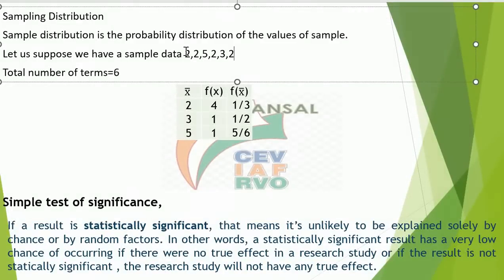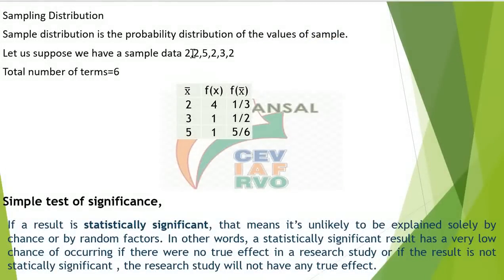Let us suppose you have a sample 2, 2, 5, 2, 3, 2. So the total number of terms is 1, 2, 3, 4, 5, 6. You have to find the frequency of each term. The frequency of 2 is 4, the frequency of 3 is 1, and the frequency of 5 is also 1.